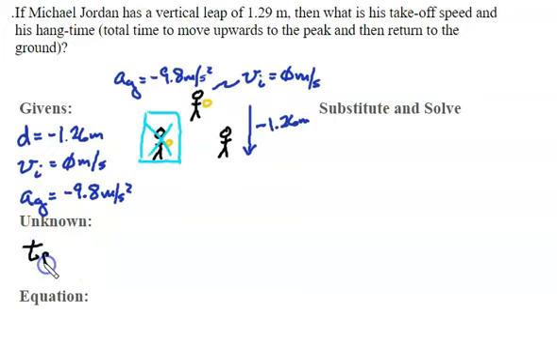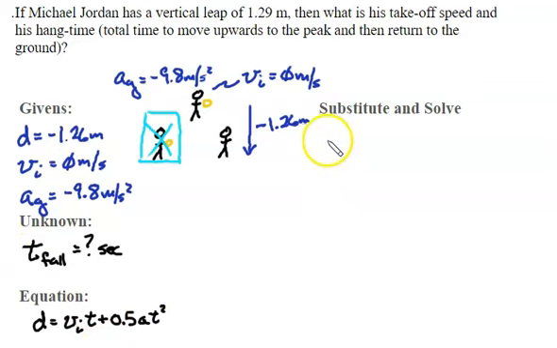This is the time it takes him to fall, and that's going to be in seconds. Because of this, I'm going to use the equation displacement equals velocity initial times time plus 0.5 times the acceleration times time squared.